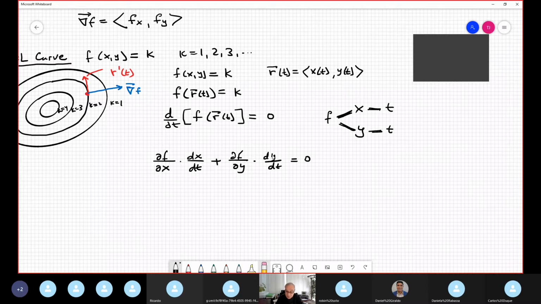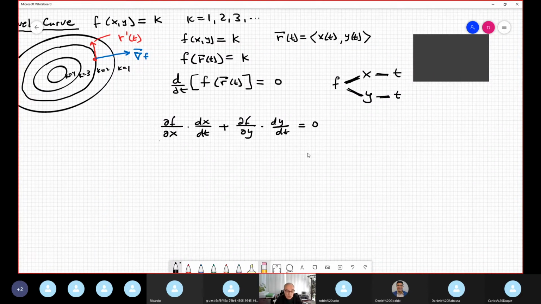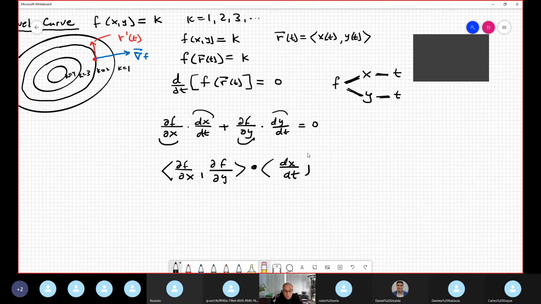If you express this equation as a vector dot product, you see this part together is the gradient: partial derivative of f with respect to x, comma, partial derivative of f with respect to y. Dot product with dx/dt, comma, dy/dt.